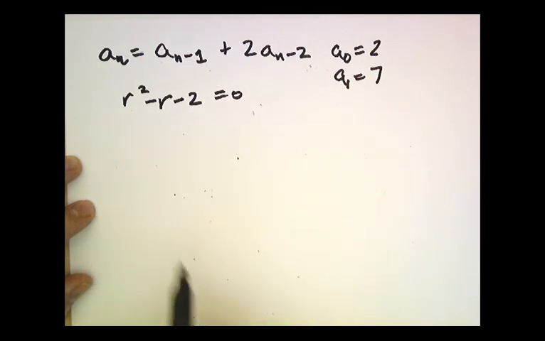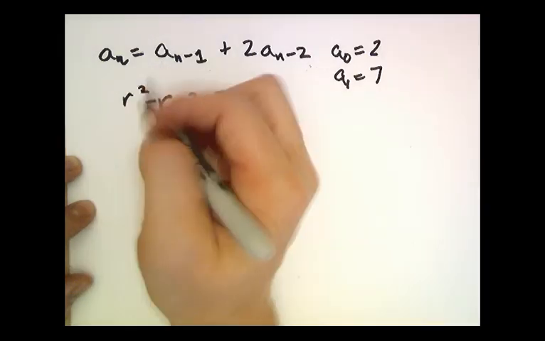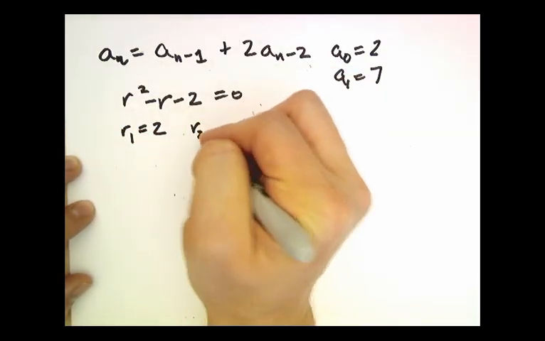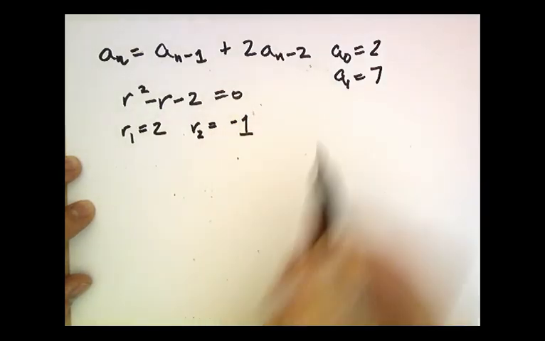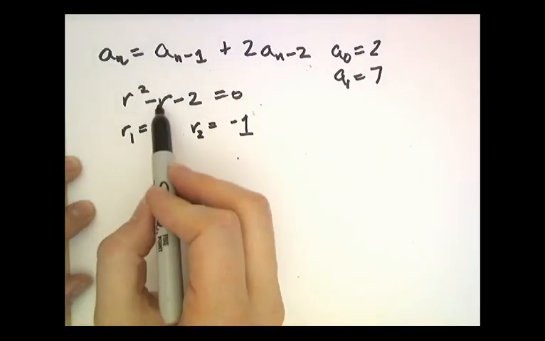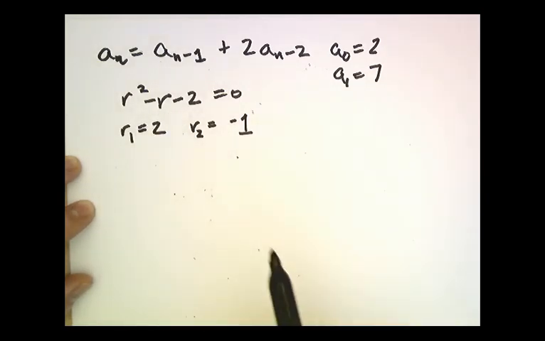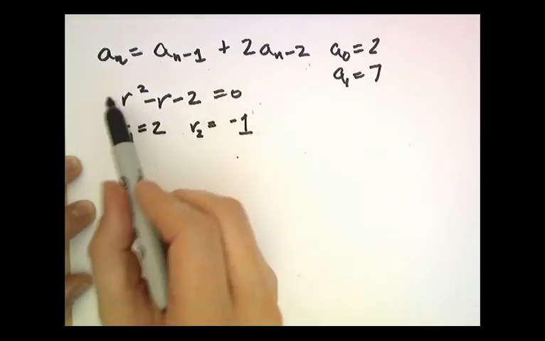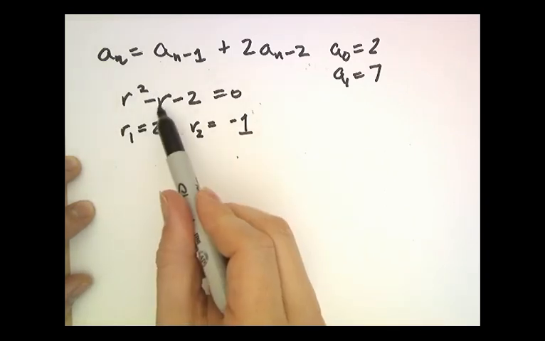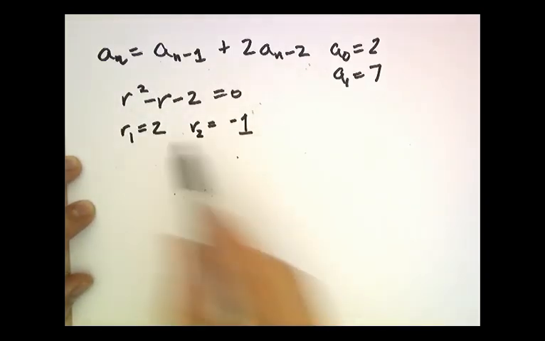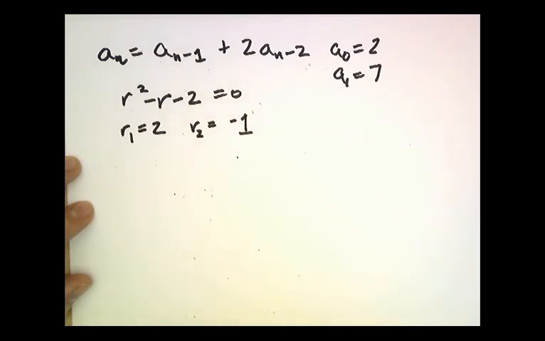And if you use the quadratic formula or you factor this, you'll see that the two roots are r1 = 2 and r2 = -1. Just to verify that, 2 squared is 4, minus 2 is 0. (-1) squared is 1, minus (-1) is 2, minus 2 equals 0. So these are indeed two roots of this particular polynomial.